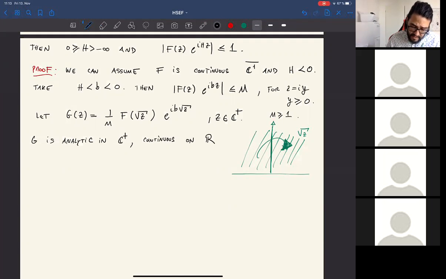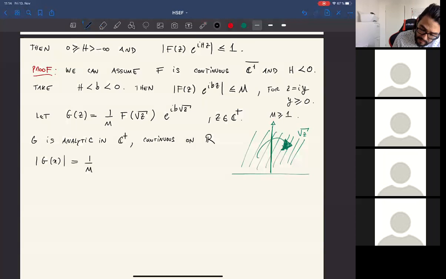Okay, because f is, and well, this exponential here is also. And what else? Well, what happens in the real axis? If I put x, then I will have 1 over m.